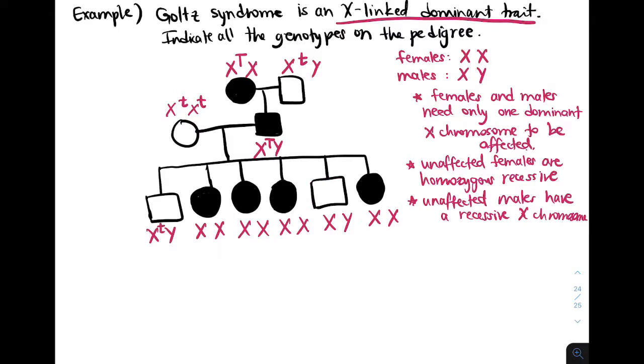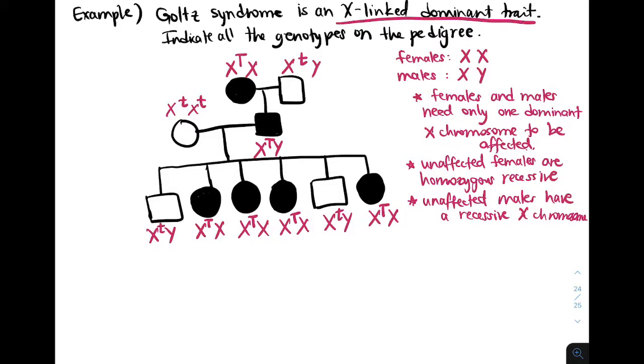The same goes for this male over here, who is also not shaded in, so he also has a little t allele. But all 4 females in the third generation are shaded in, which means all of them have at least 1 big T allele.